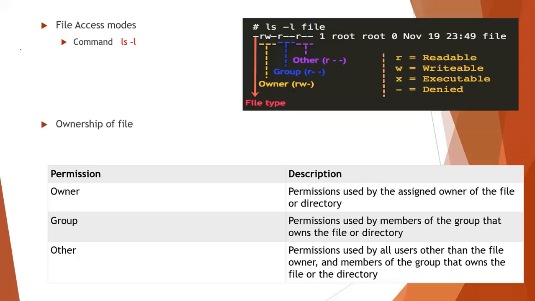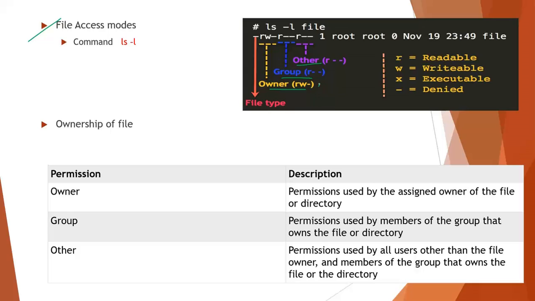So file access modes. What are file access modes? As I discussed, there are three different types of users in our Unix programming system. One is the owner, next is the group, and the other we will consider as others.